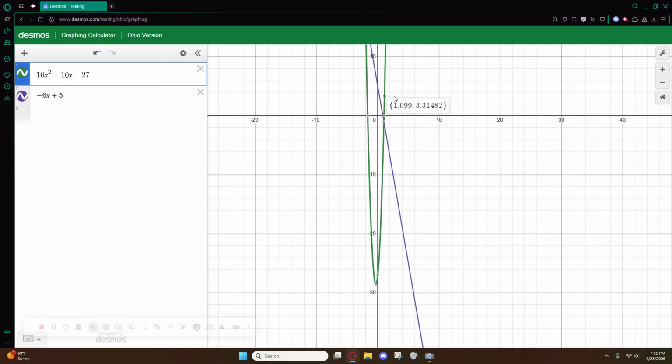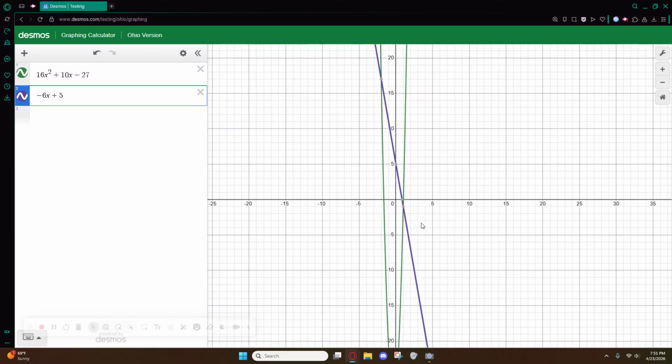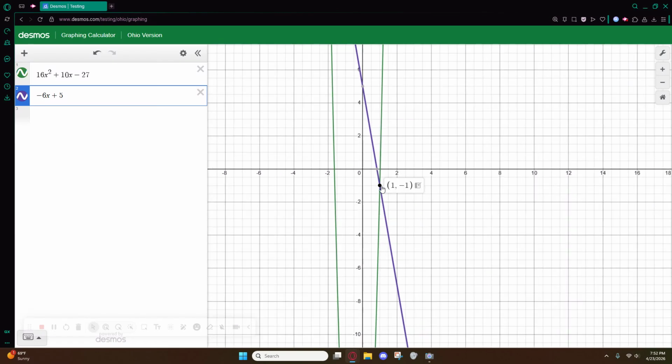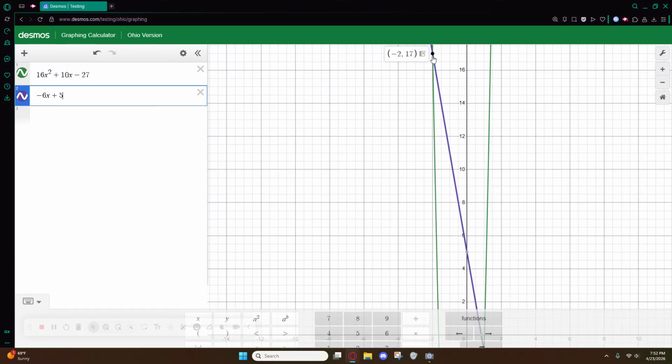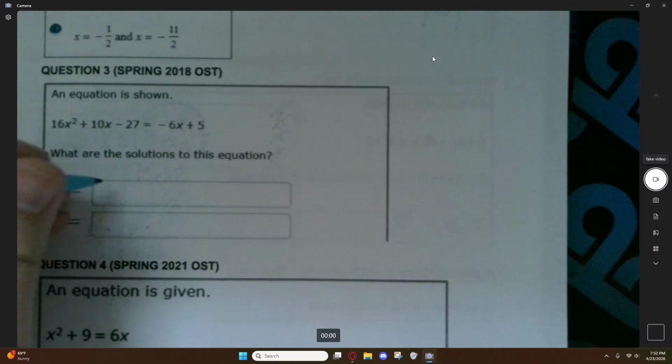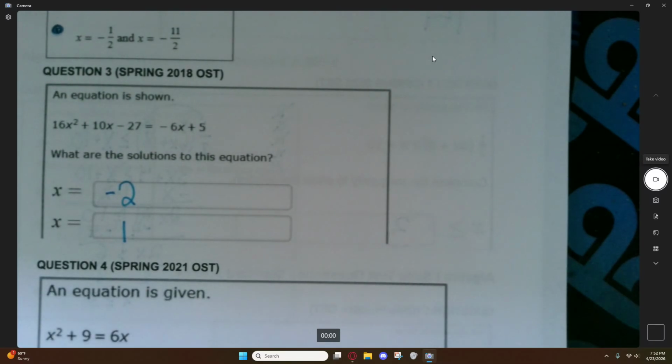Look for the spots where these cross. Bam and bam. What are the x values? Negative 2 and 1. Done.